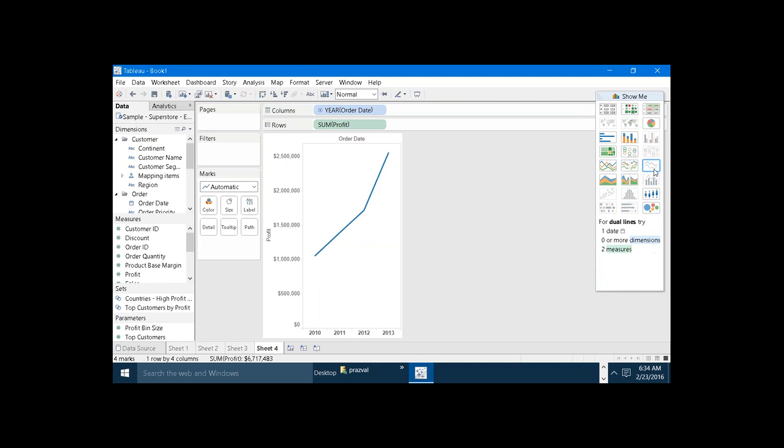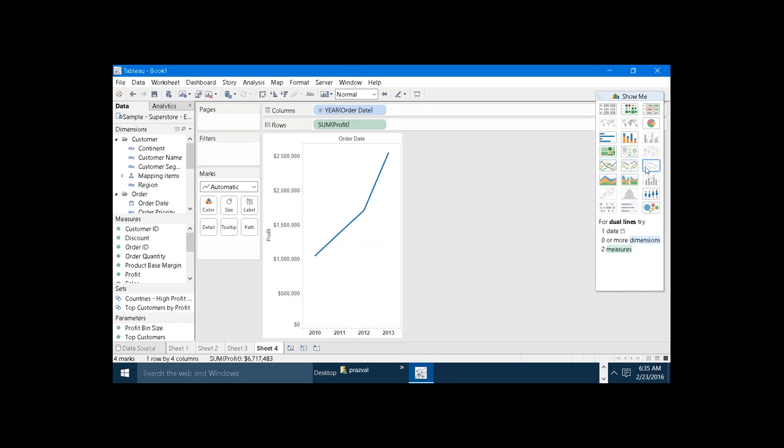Next, what about the dual line? Both the line continuous and the line discrete have minimum requirements of one date field, zero or more dimensions, and one or more measures. It means both will perform univariate, bivariate, and multivariate analysis.